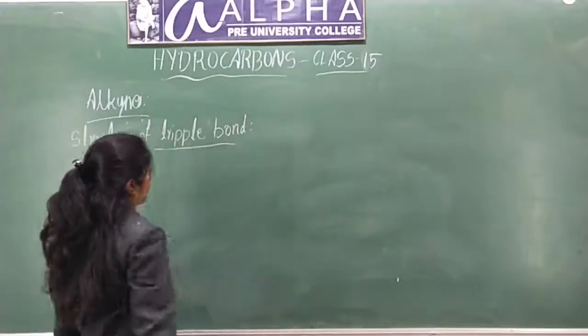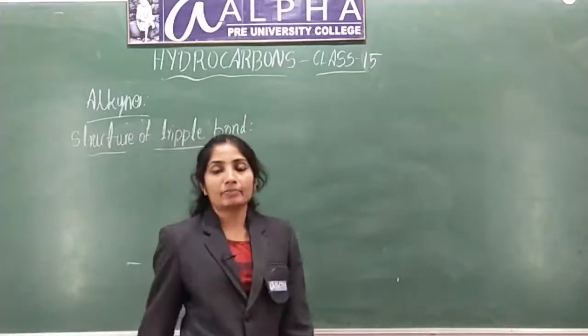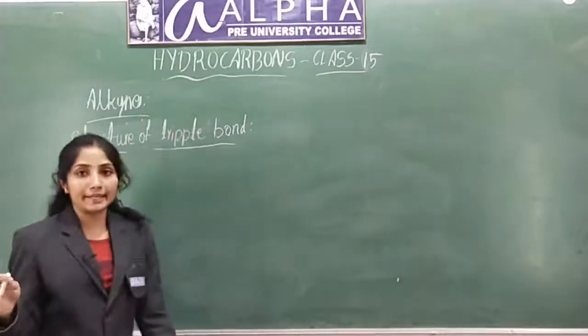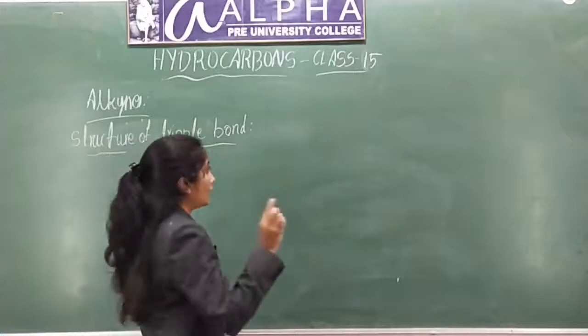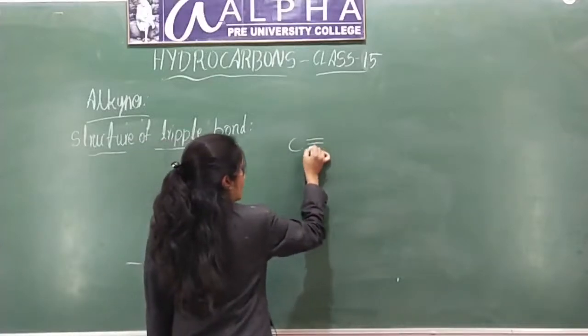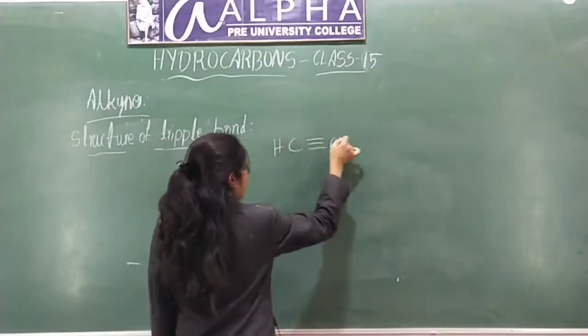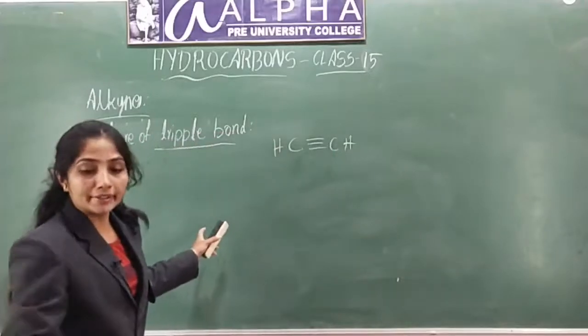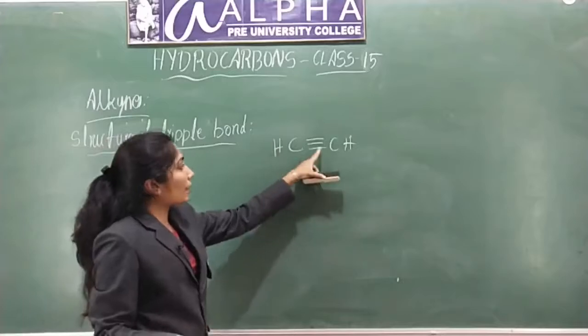How is the triple bond formed? See, if I take ethyne as an example, ethyne contains 2 carbon atoms: C triple bond C, H, H. Okay, this is ethyne.